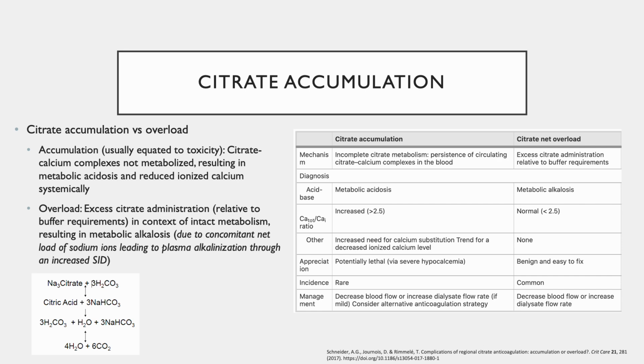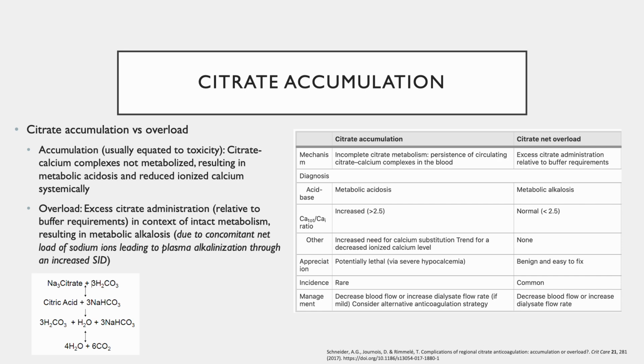On the flip side, there is a separate situation called citrate overload, where there is excess of citrate administration. This is usually when your citrate flow rate is high, but it is in the context of an intact metabolism where the citrate calcium complex can be processed and metabolized away, and this results in a metabolic alkalosis.